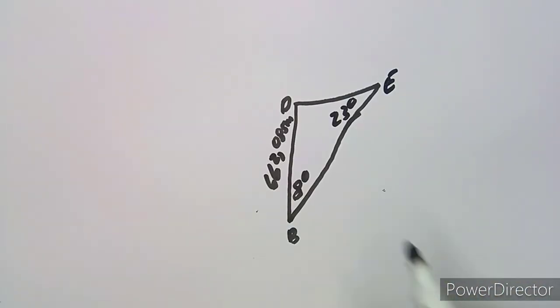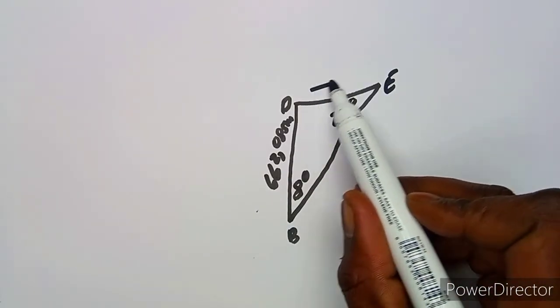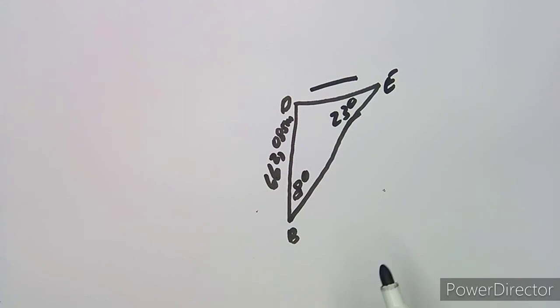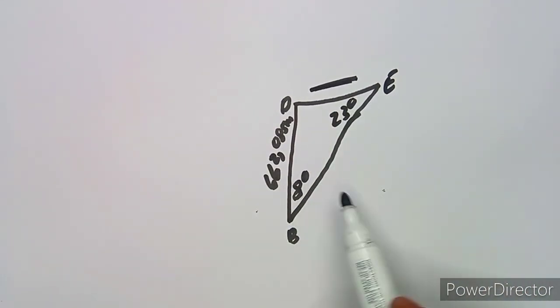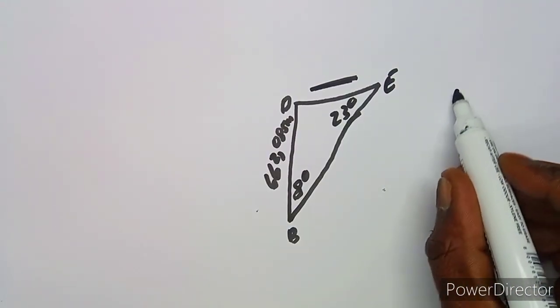So at least we can calculate our DE now, because we have the side DE that we want to calculate, and it is opposite to this angle. So you can apply our sine rule again.